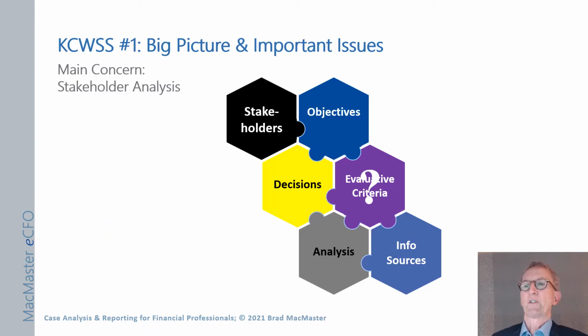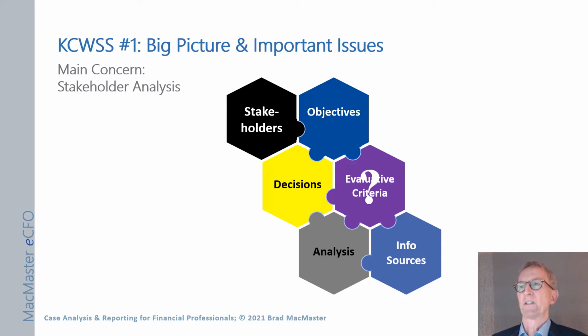So when it comes to identifying important issues, one of the things that I've discovered is important to their determination is first of all taking stock of who the key stakeholders are, because only by knowing who the key stakeholders are can we really identify what the main concern is. So key stakeholders are people who matter in the context of the business case.